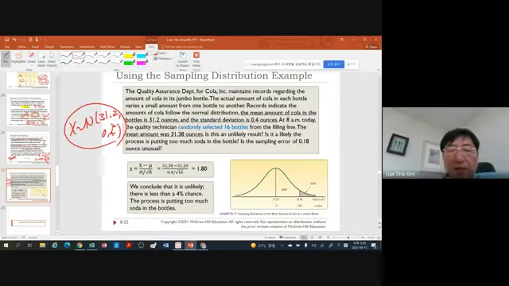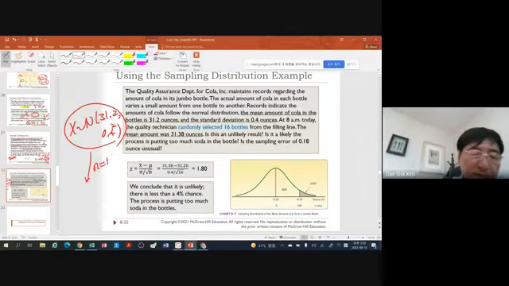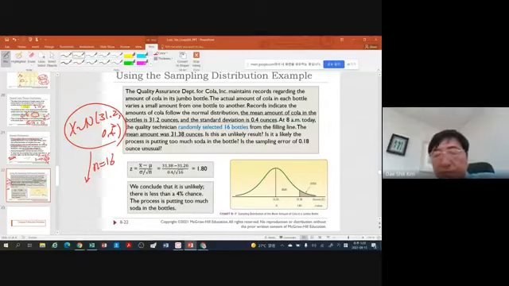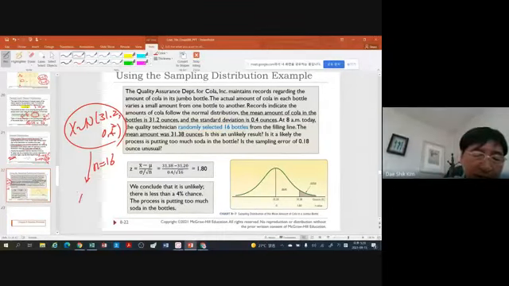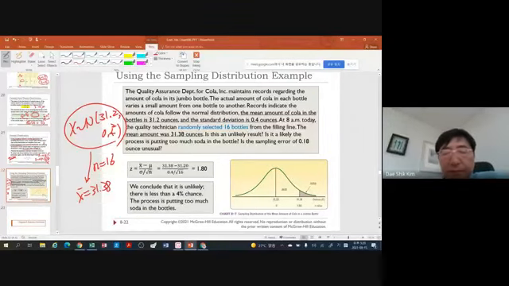At 8 a.m. today, a quality technician randomly selected 16 bottles, so the sample size is 16. The sample mean x bar was 31.38. It is an unlikely result. Is it likely the process is putting in too much?